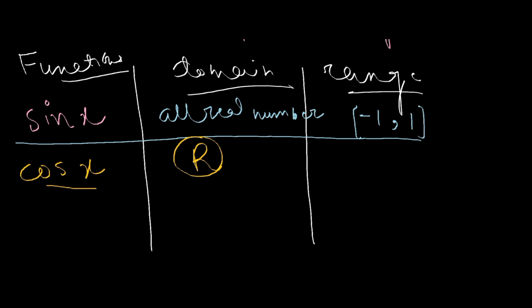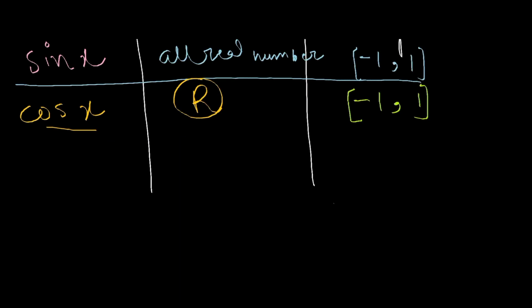And the range, I will write over here, is also between -1 and 1, including -1 and 1. The interval is closed interval. So the range is between -1 and 1, including -1 and 1, and the domain is all real numbers. So this was about cos function.